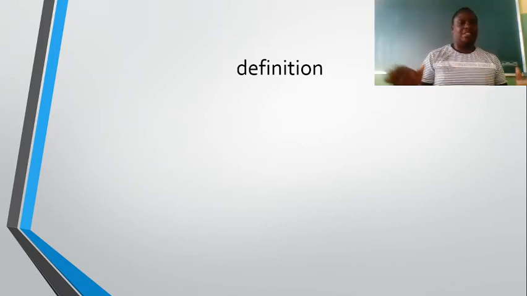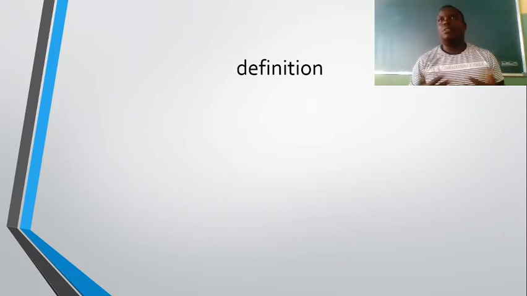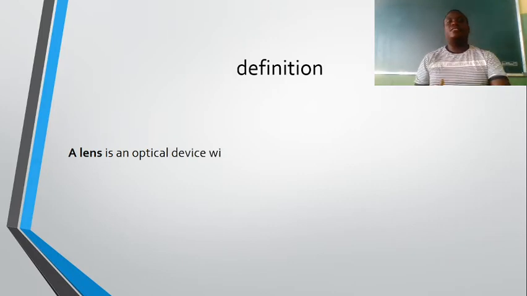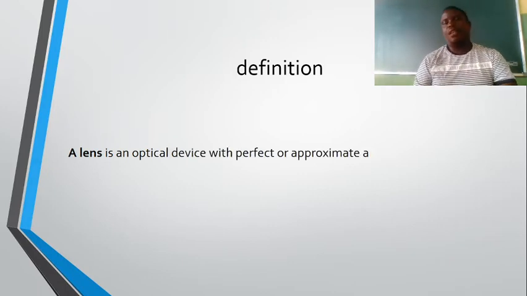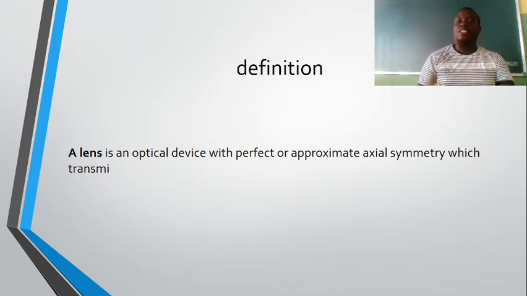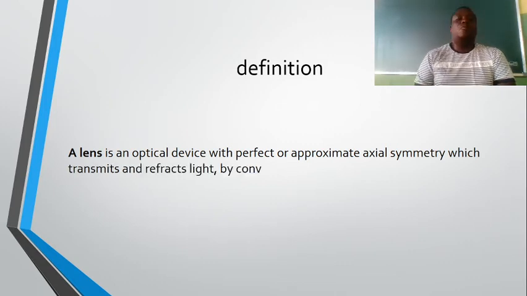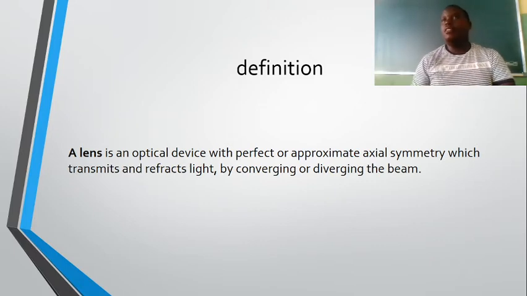Many of you were there without knowing what you were discussing. What is a lens? A lens is an optical device with approximate axisymmetry which transmits and refracts light beams by converging or diverging them. A beam is a set of rays going in a given direction.